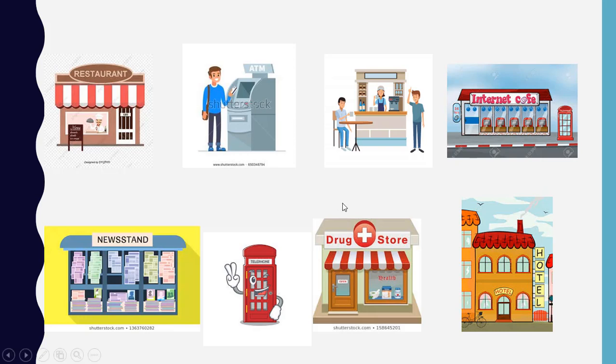In my neighborhood there is a hotel. There is a cafe. But in my neighborhood there isn't a payphone. There isn't a payphone. This one.